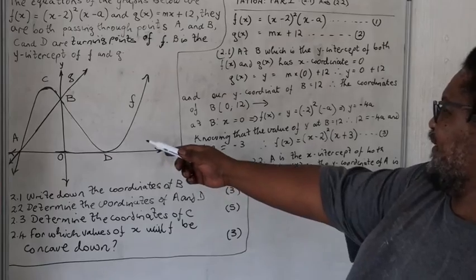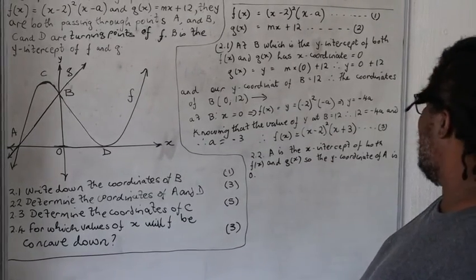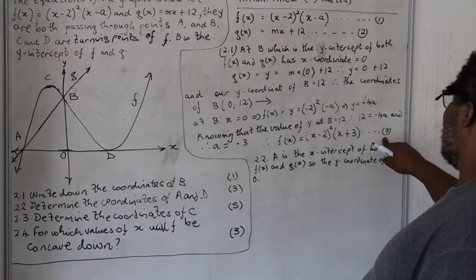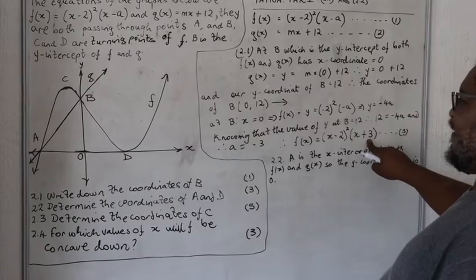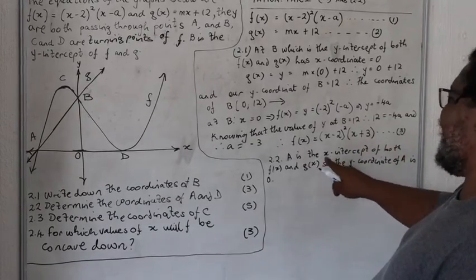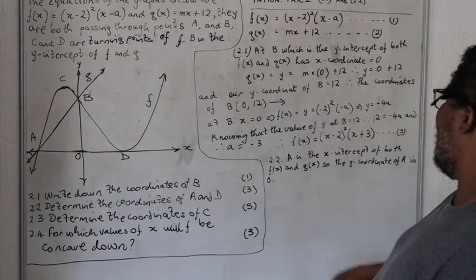So we say, knowing the y coordinate to be 0 at A and using the equation that we have determined here of f(x), where we have already determined the value of a, it becomes very easy for us to substitute for the value of y, which is 0.